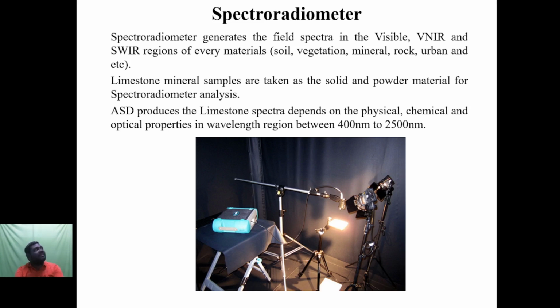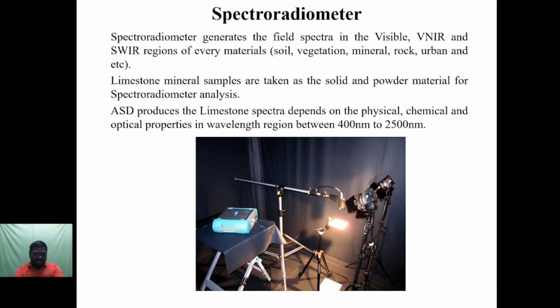For example, in this classroom we can see a window, window seat and some AC, plastic, metal, everything. We can generate the spectral signature using the spectroradiometer from 400 nanometer to 2500 nanometer.